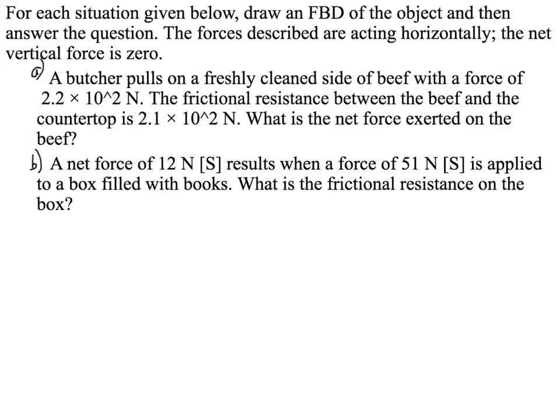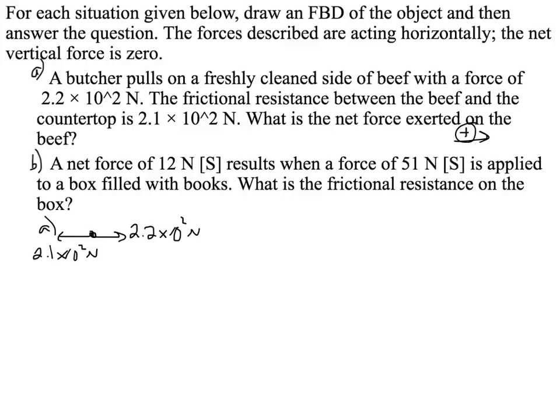For both cases, let's just say that way is going to be positive, just to make things easier. So for A, we'll draw our free body diagram. We'll say that is F applied, so that's 2.2 times 10 to the 2 newtons. Going backwards, that's going to be F friction, and that's going to be 2.1 times 10 to the 2 newtons backwards, or in this case, negative. So how do we solve this?